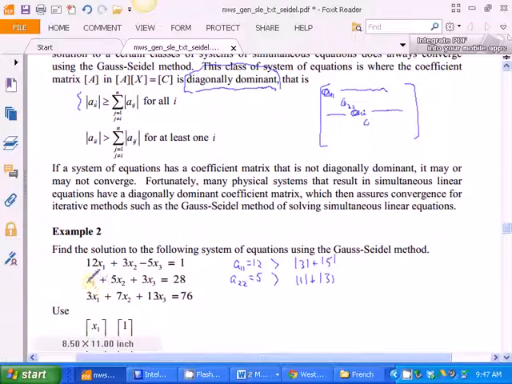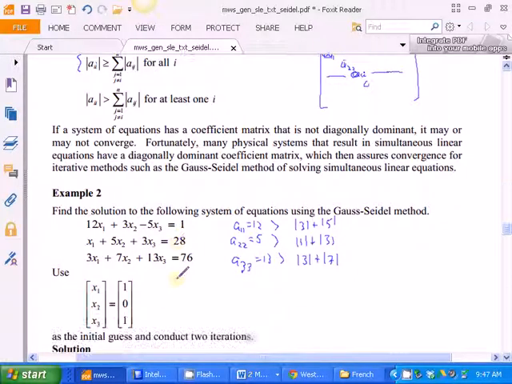Those are these other coefficients here, 1 and 3. And we also have a33 equals 13, which is greater than the absolute value of 3 plus the absolute value of 7. Okay? So in this case, we do have a diagonally dominant matrix. So our system of equations satisfies the necessary conditions for the Gauss-Seidel method to work.